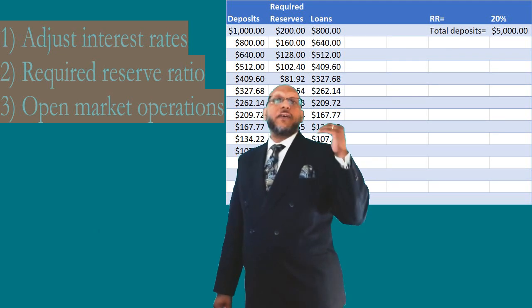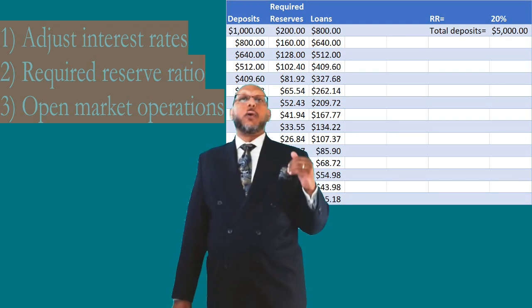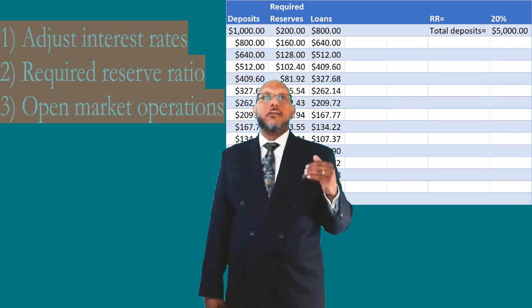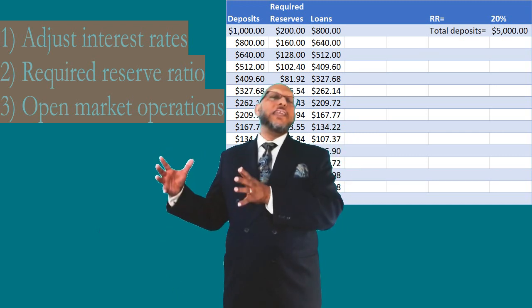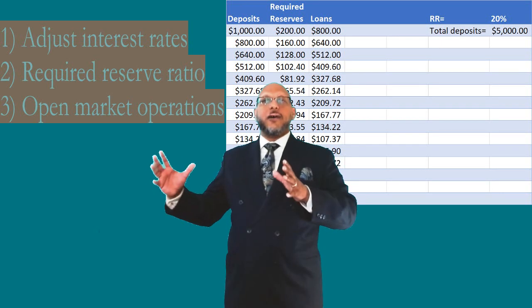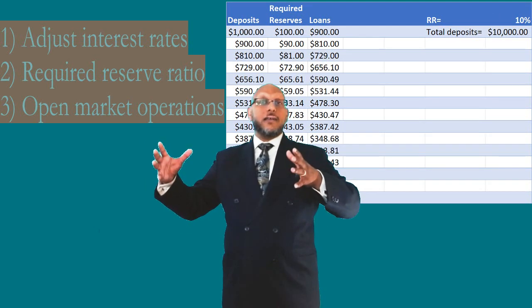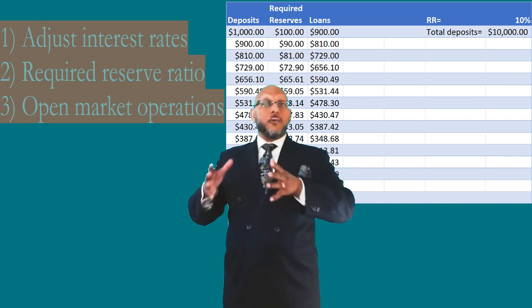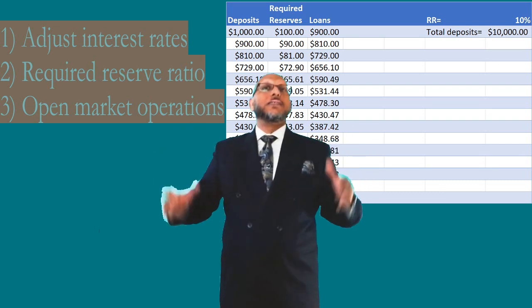If the Federal Reserve decides to lower the required reserve ratio from 20% to 10%, now instead of 80%, 90% of the deposits can be lent out. That means that we've increased the money supply that much more. So we have more money that's available to borrow, so that increases the money supply.